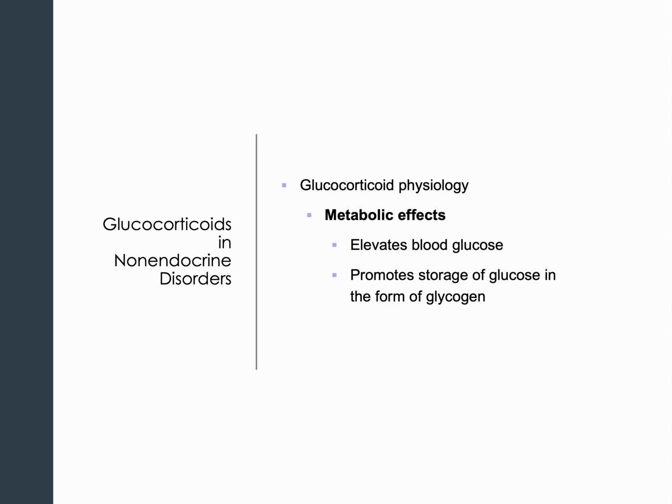These drugs have a negative effect on protein metabolism. Specifically, the drugs will suppress the synthesis of proteins from amino acids and divert those amino acids for the production of more glucose. And the most consistent effect of glucocorticoids on fat metabolism is the stimulation of fat breakdown, or lipolysis.